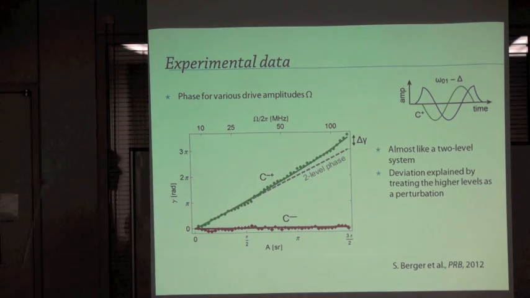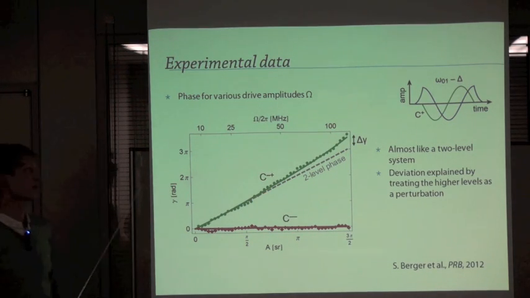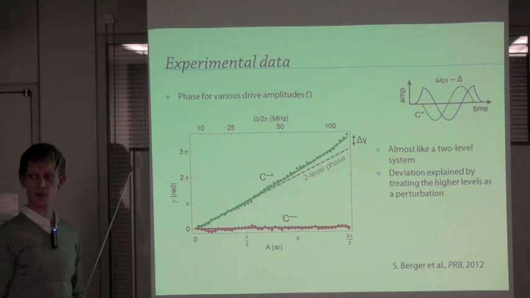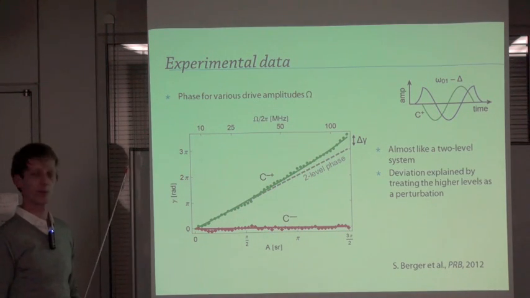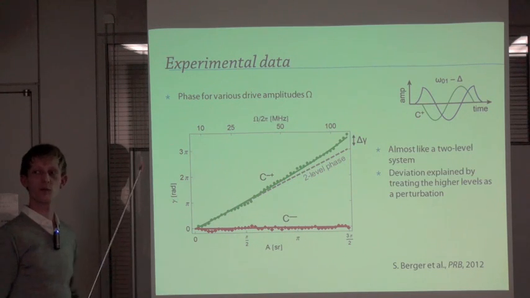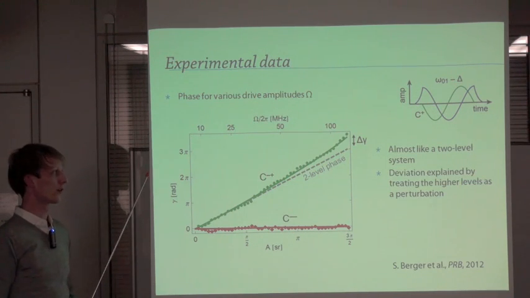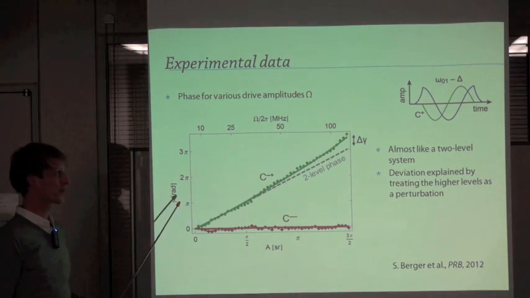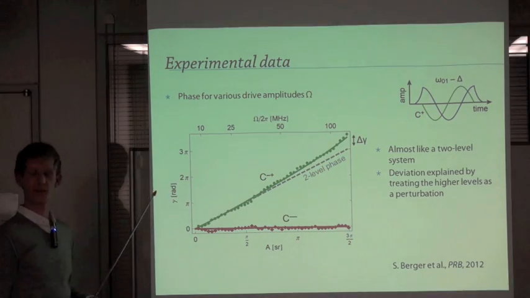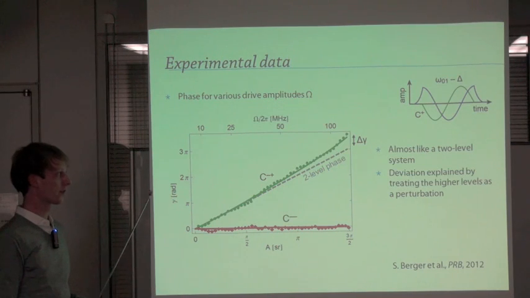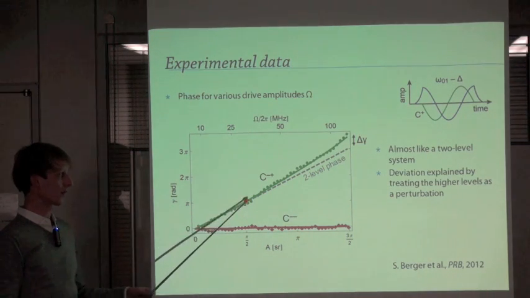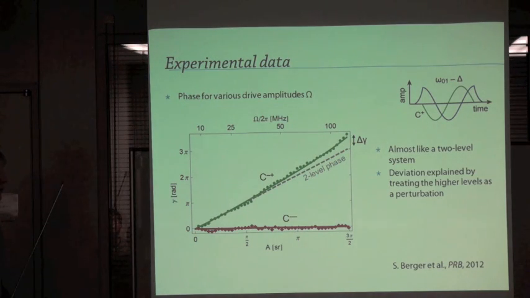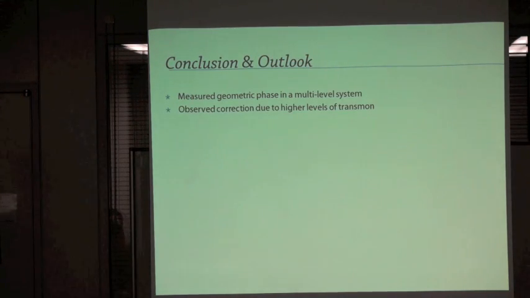What we did is we treat the higher levels, which are there in our non-perfect qubit, and we include them as a perturbation to the two-level system. And then you can do some computations and find expressions which describe the influence of these higher levels on the geometric phase. And if you do this, you get this line, and you see that it agrees very well with the data we recorded. But this brings me to the conclusion.